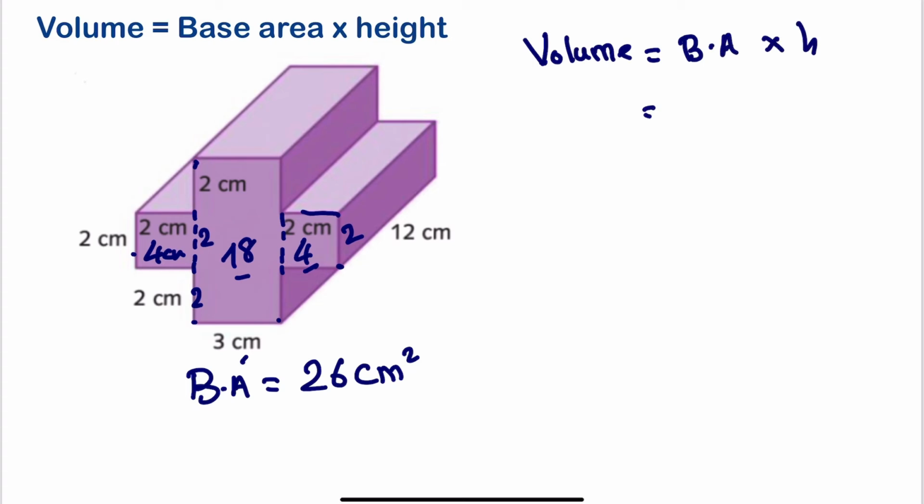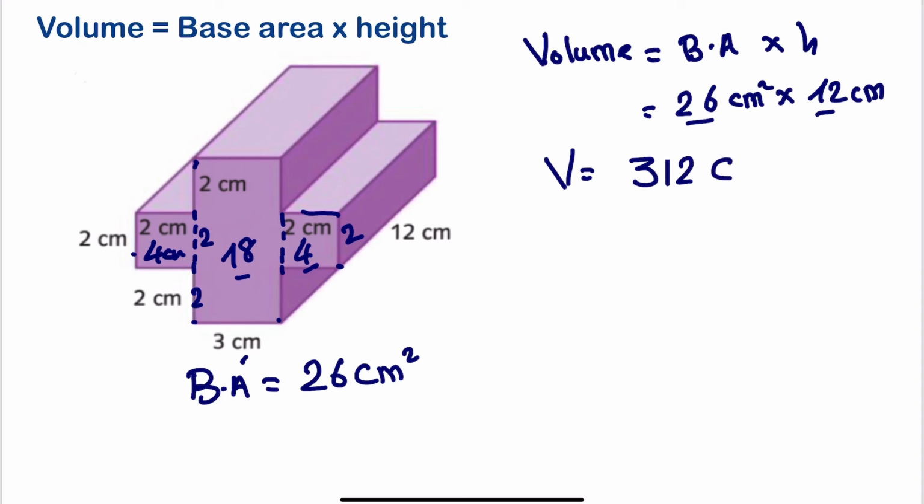So now that we have the base area, which is 26 centimeters square, times the height, which is 12 centimeters. So if we multiply this, 26 times 12 will give us 312. So the volume will be in cubic units, so centimeter cube.